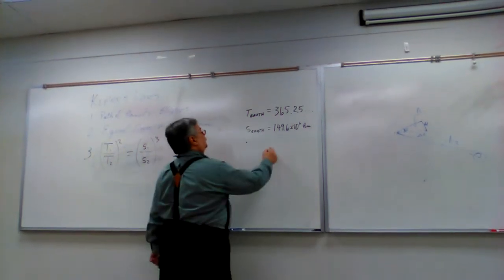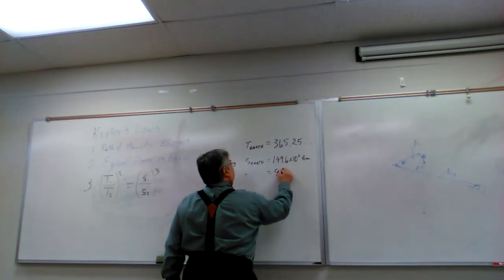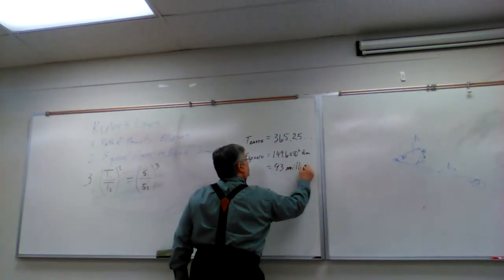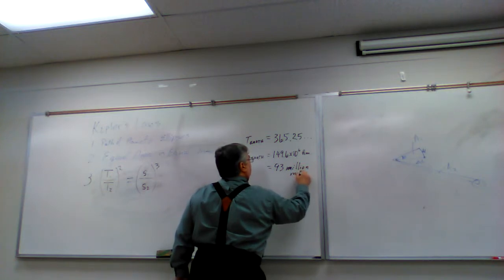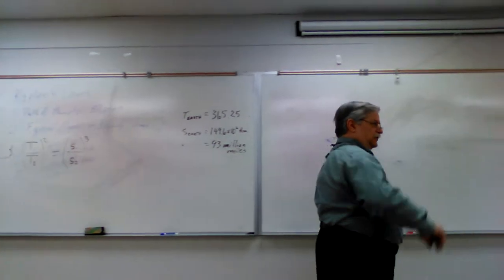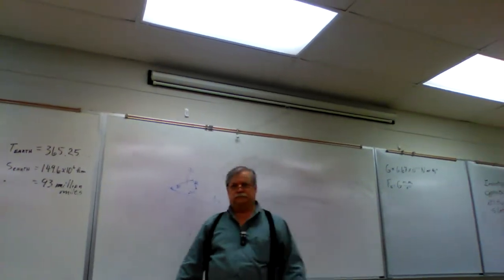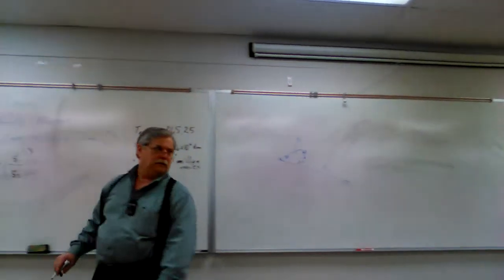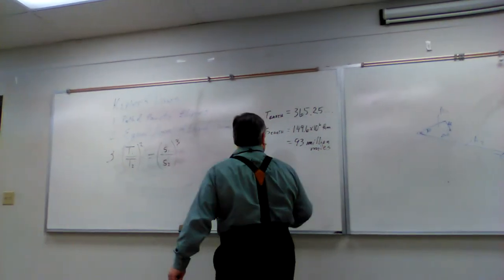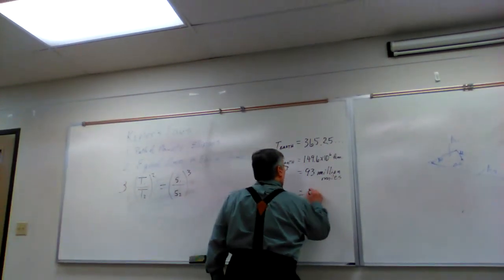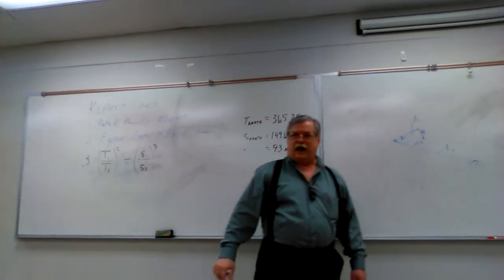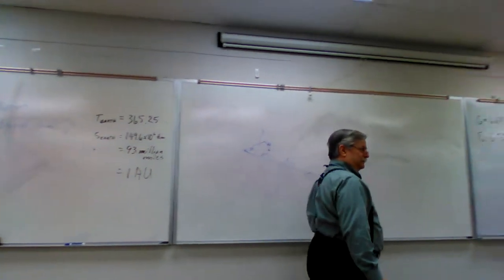In English units, it's roughly 93 million miles. But there's an even simpler answer. Exactly: 1 AU, 1 astronomical unit.